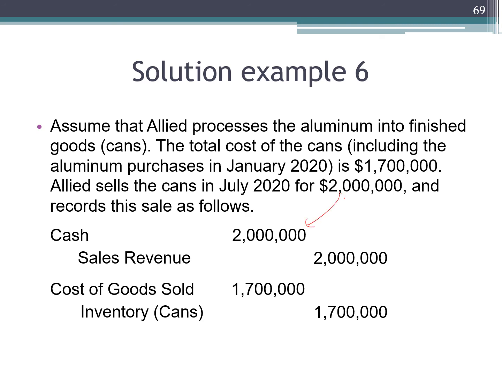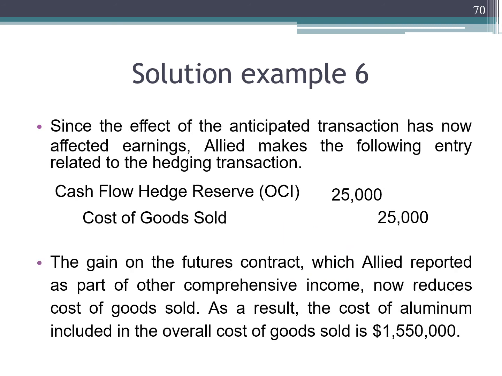And then for the COGS is 1.7, and credit the inventory 1.7, because the aluminium has been produced into cans. Since the effect of the anticipated transaction has now affected earnings, Allied makes the following entry related to the hedging transaction.